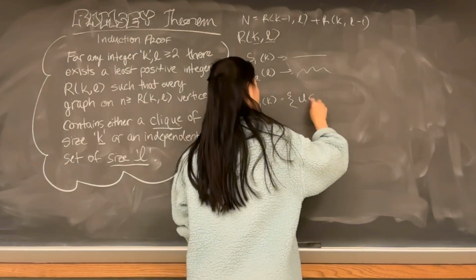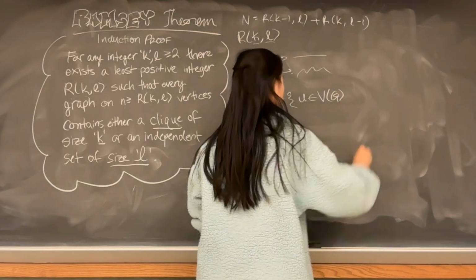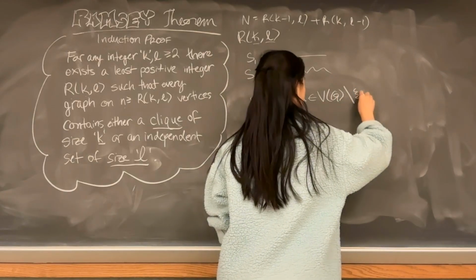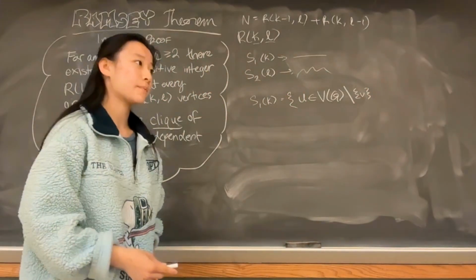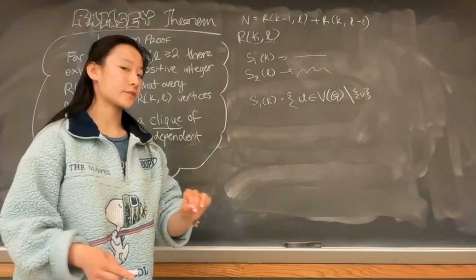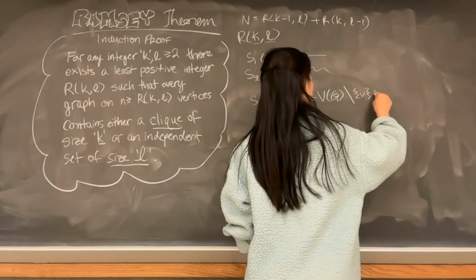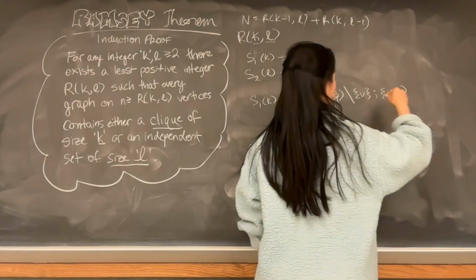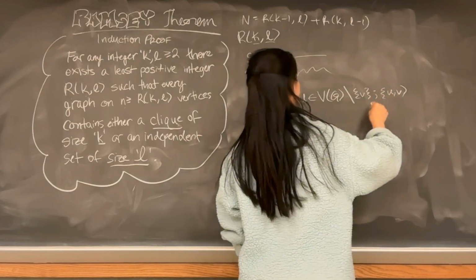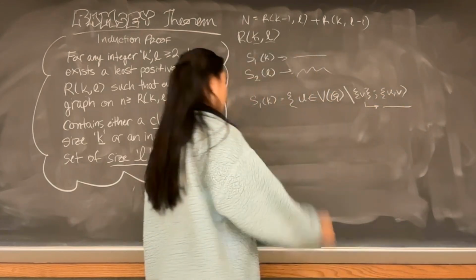We have U in V of G, but not in the set V. And remember, in our previous section, this means that U is part of that group that is not connected to V. But we could also have the situation where U is connected to V. In this situation, we will be drawing with a solid line, because this is S1.